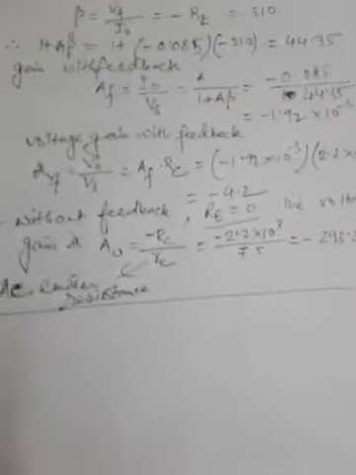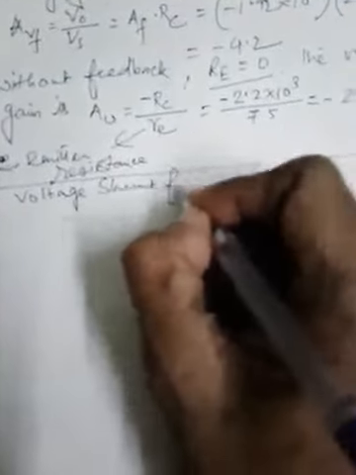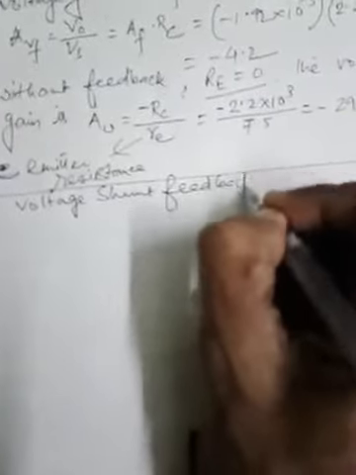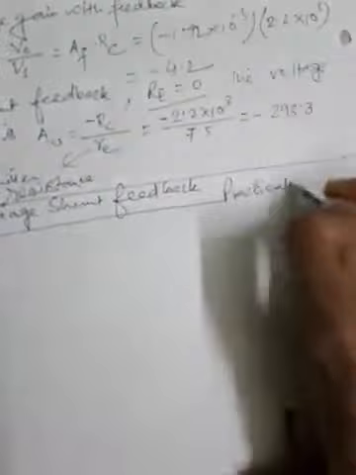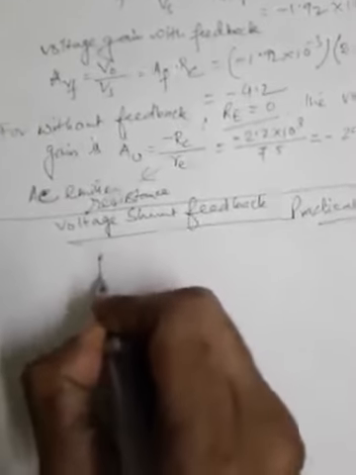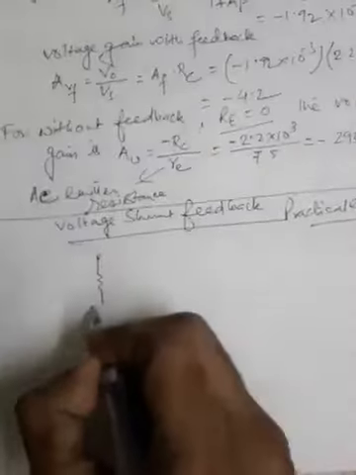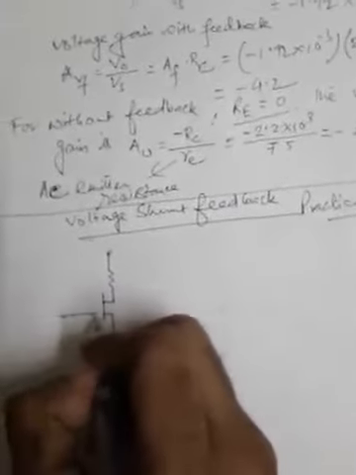Okay. Now we will be looking at voltage shunt feedback and its practical examples. So let us consider the following circuit using FET. This feedback is applied over a FET amplifier, and we are considering here a JFET.